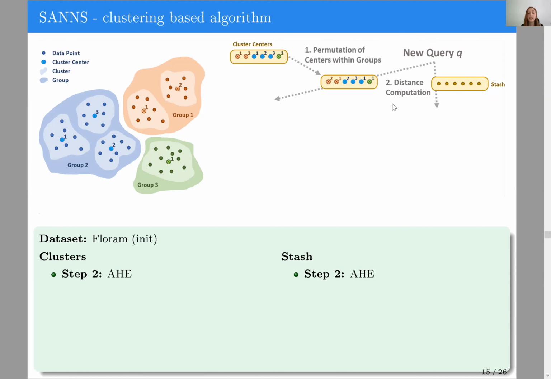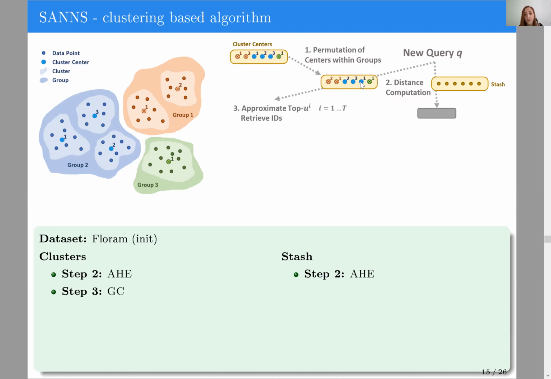Again, in our setting, we use the BFV construction. After we compute all those distances, the result for the stash is going to be kept on the side, and we continue on the right side of the protocol, the area dedicated to the clusters.